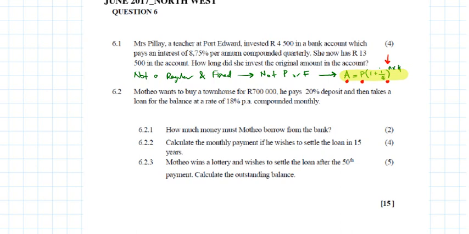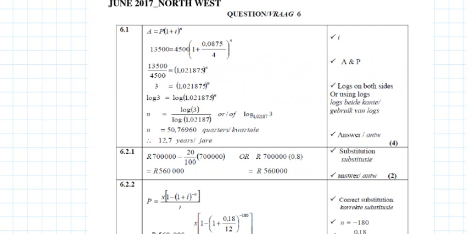If we check the memo, as you see, it's the correct substitution of A, correct substitution of P, and correct substitution of the interest rate. It's divided by 4. Now this n is not times by 4, but it is fine. You can find it as n. So the answer for n using log is explained here as quarters, the number of quarters.